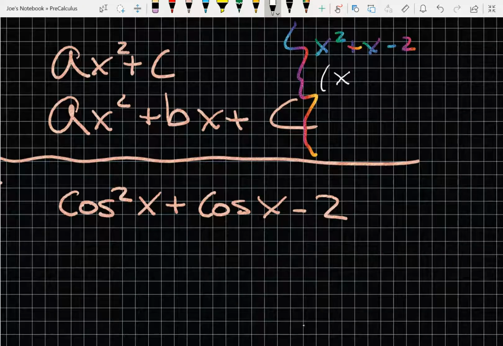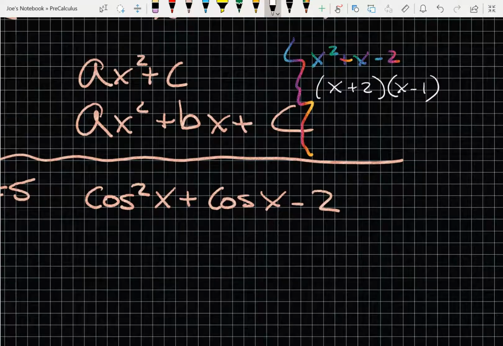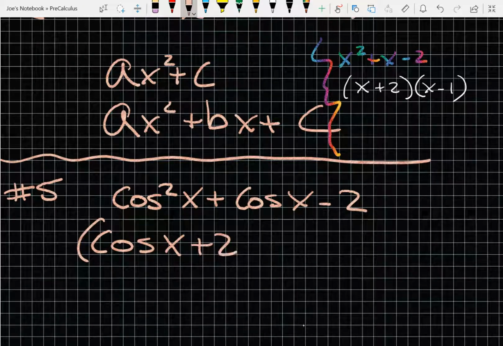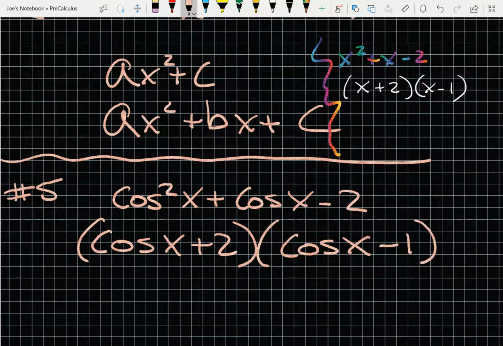Oh, that is plus 2 and a minus 1, right? That looks good. We've got perfect factors. Same thing goes with a cosine. So I've got cosine of x plus 2, cosine of x minus 1.